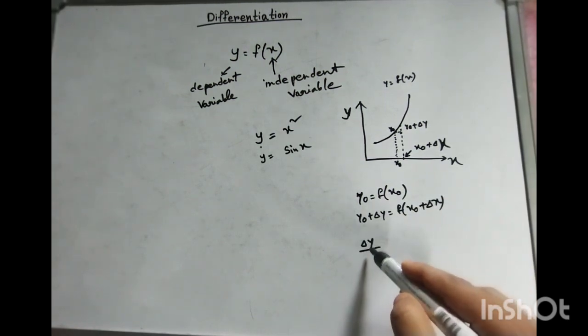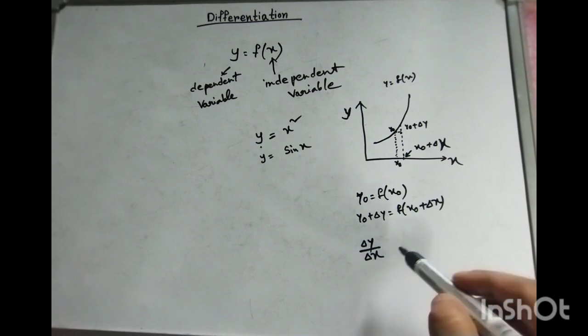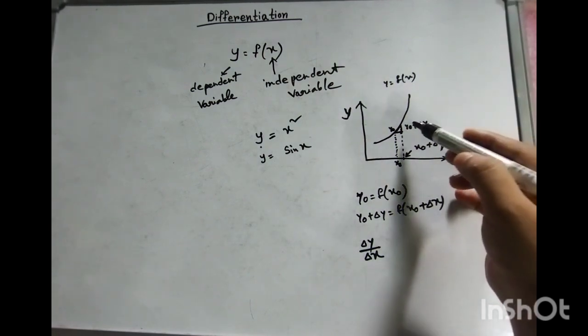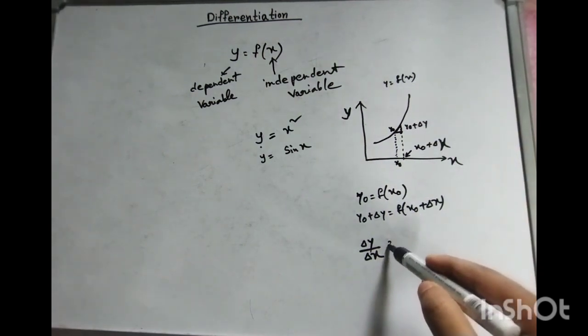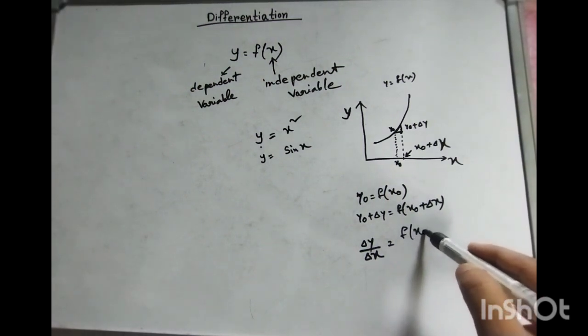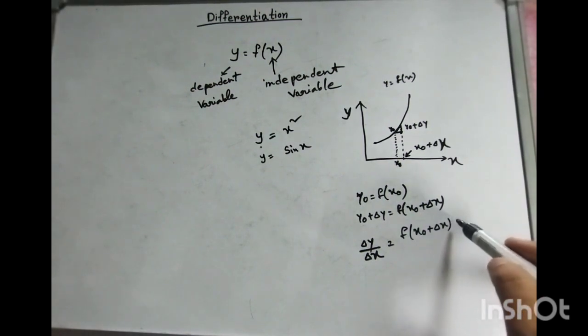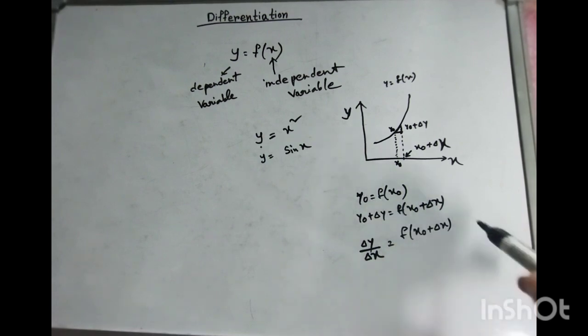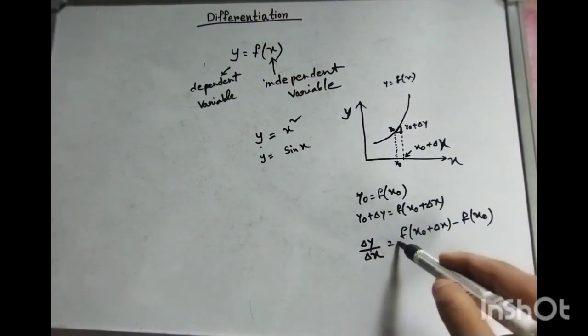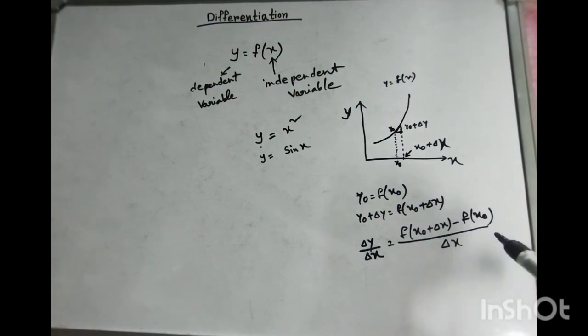So if you divide delta y by delta x, you will get the slope of this. So delta y by delta x will be equal to f of x naught plus delta x, from this if you subtract y naught, f of x naught, then you will get delta y by delta x.